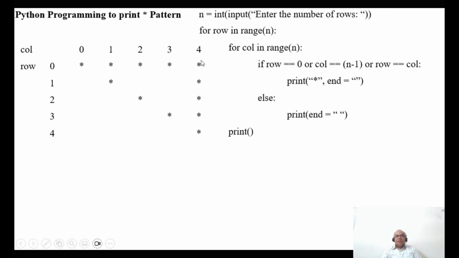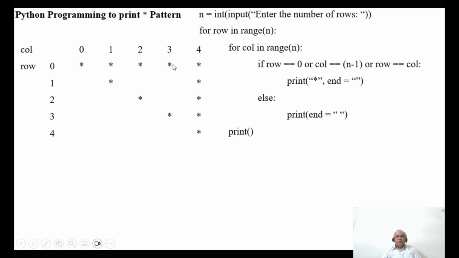Then in the 4th column you can print all the stars. 4th column is how much? I want 4 to be the end. So what is the number of rows? n is equal to 5. So n minus 1 becomes 4. Correct? So here n is 5. Only up to the 4th column it can be printed fully. So in general it will be n minus 1.